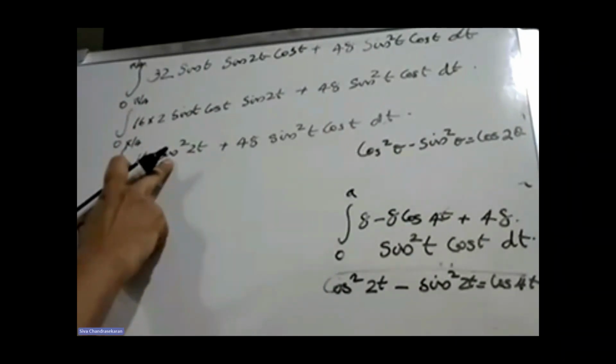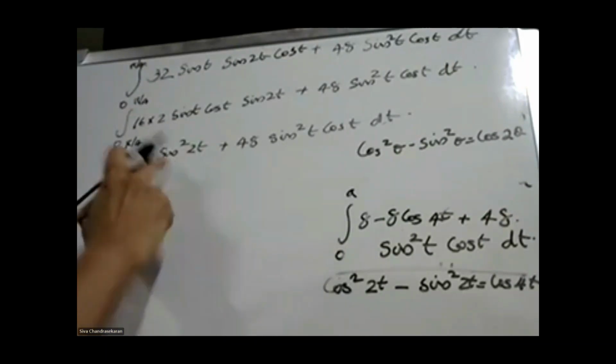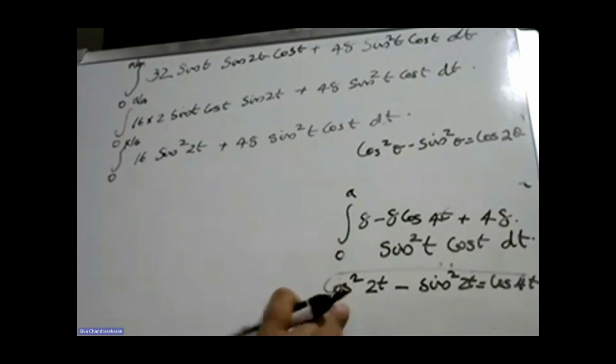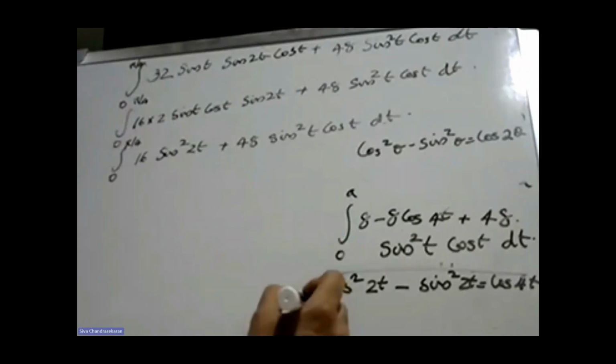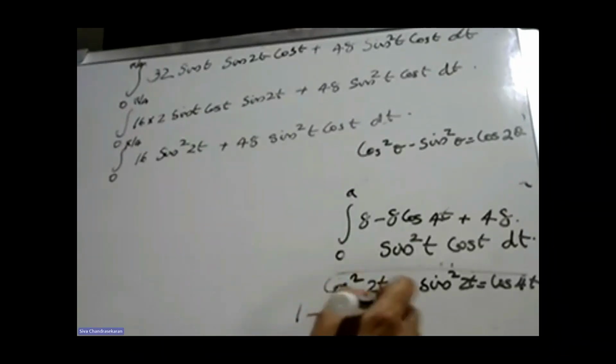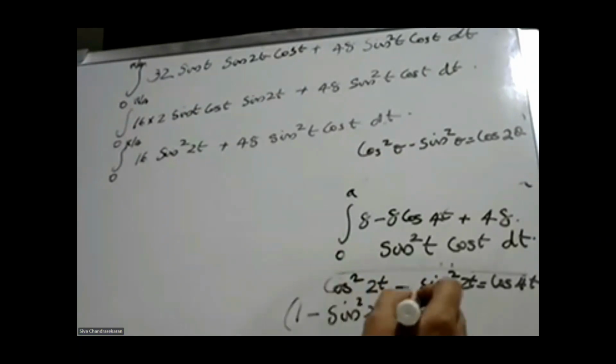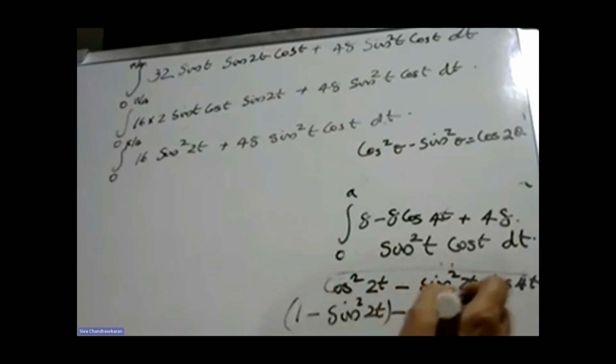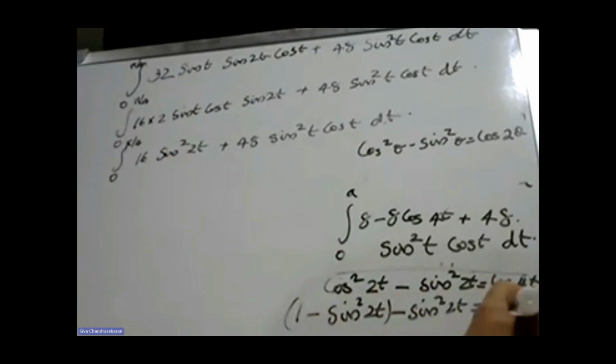Here what I want is sine square 2t, so I'm replacing this cos square again with 1 minus sine square. So 1 minus sine square 2t minus sine square 2t is equal to cos 4t, or 1 minus 2 sine square 2t is equal to cos 4t.